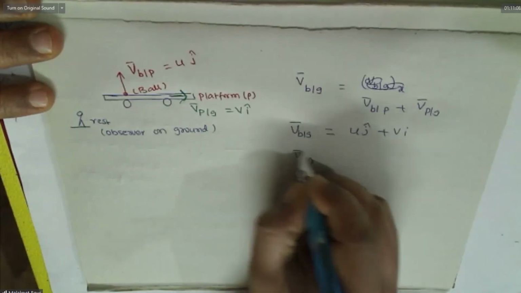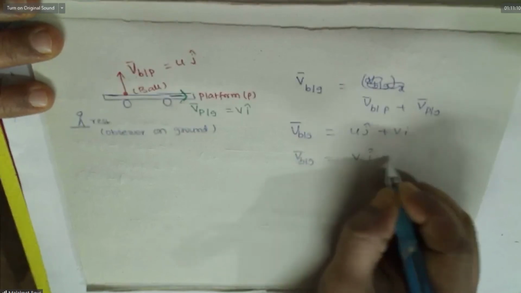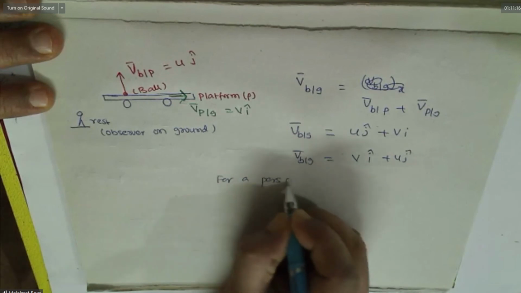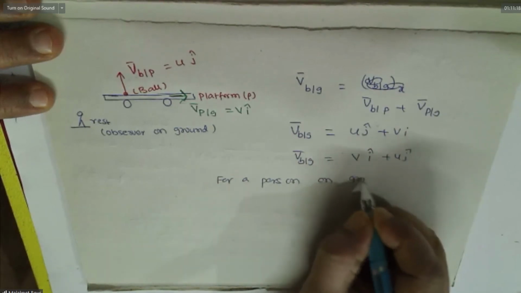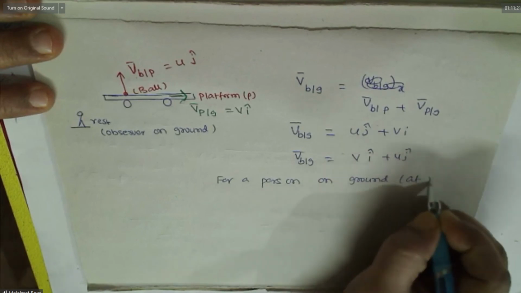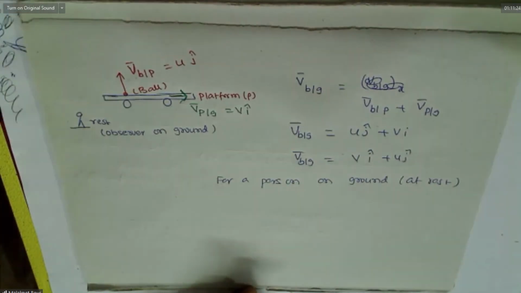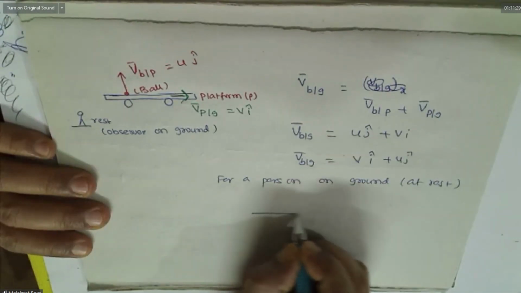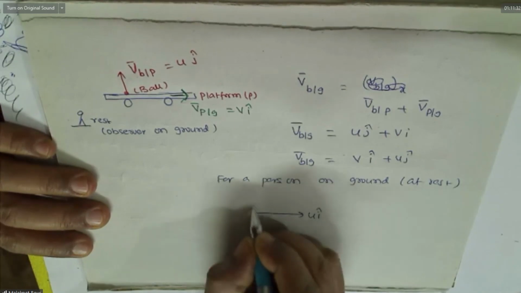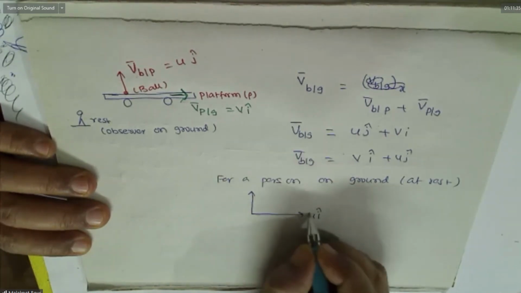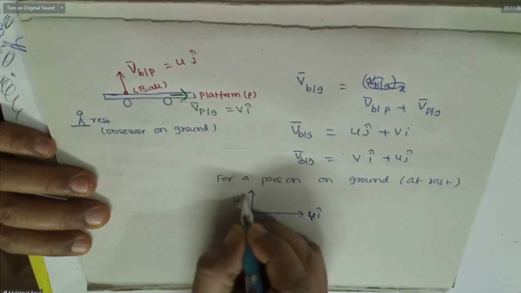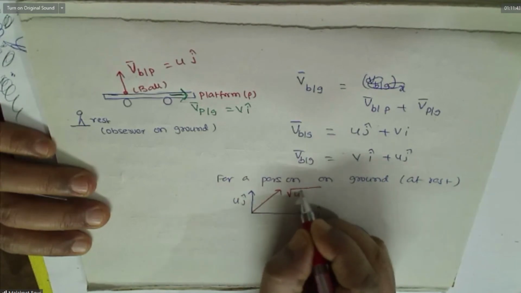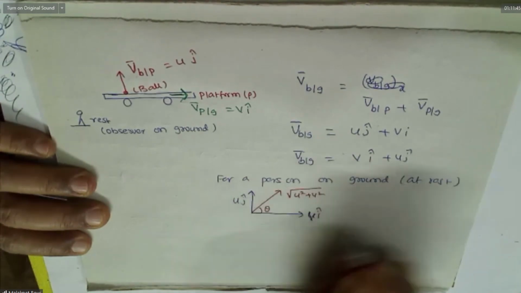Therefore, the person on the ground observes that the ball is projected like this. What is he seeing? He is seeing the ball to have two velocities. So obviously, this is the speed of projection, no? This is theta. Agreed?